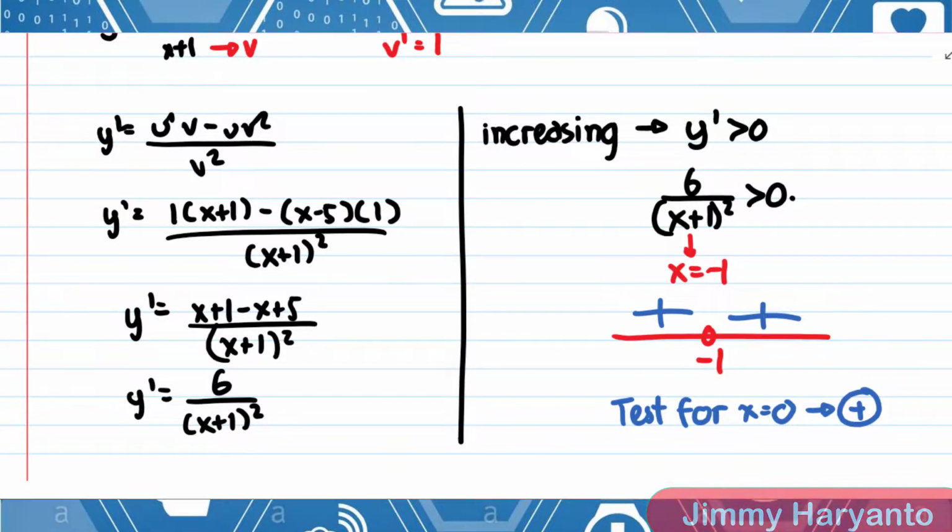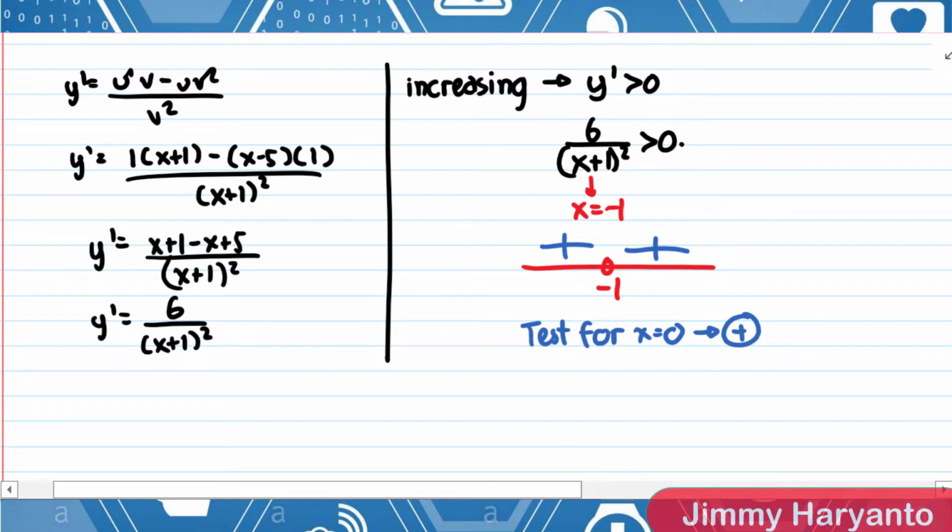And then because you only have the positive area, that means the curve will be increasing when x is in the set of real numbers.